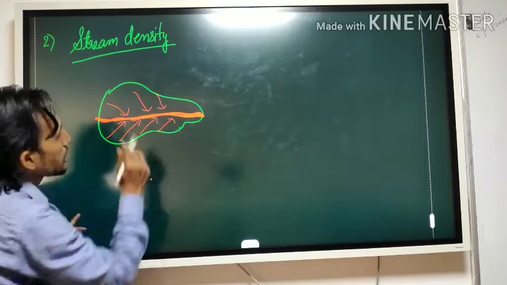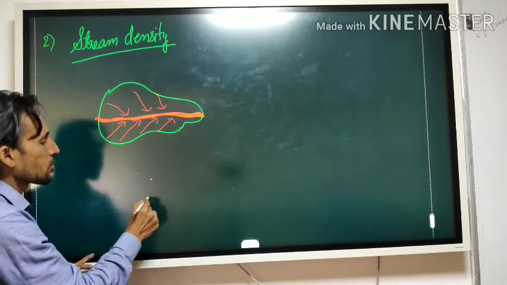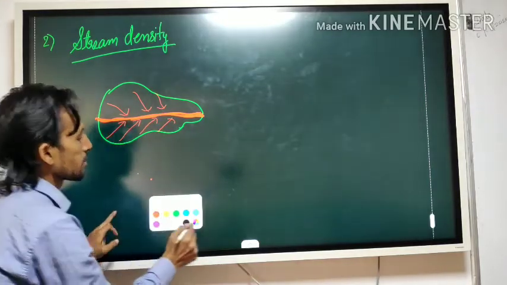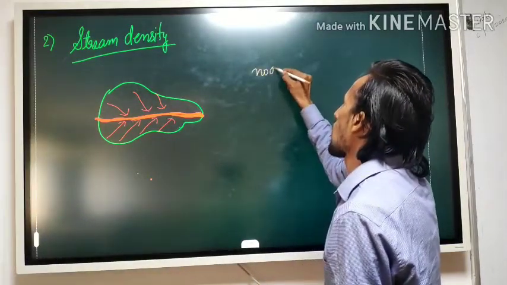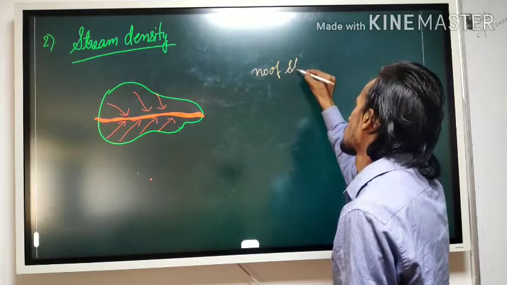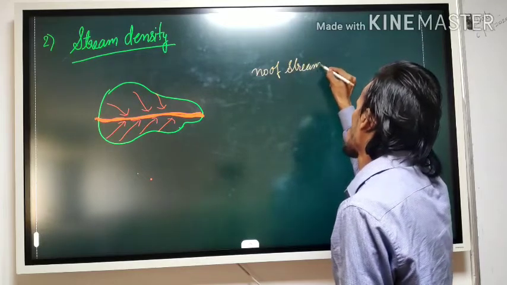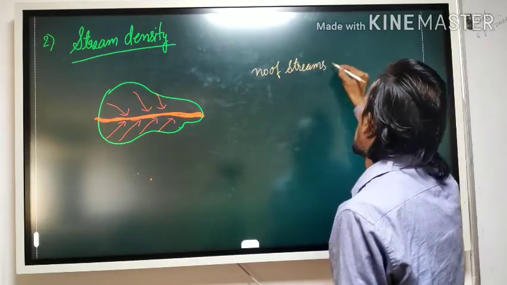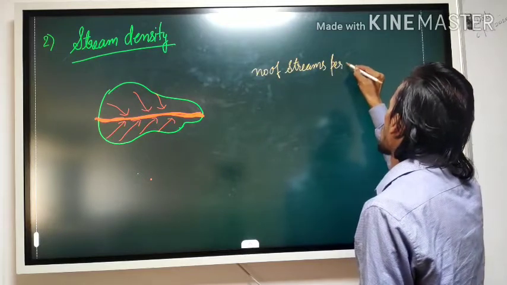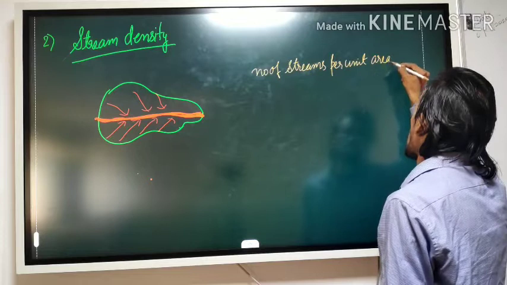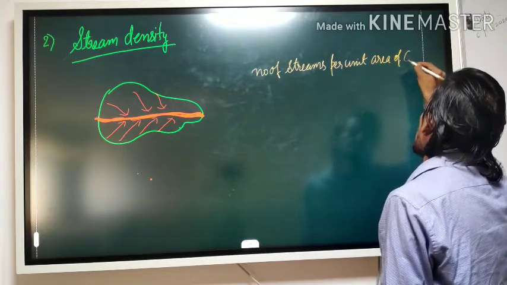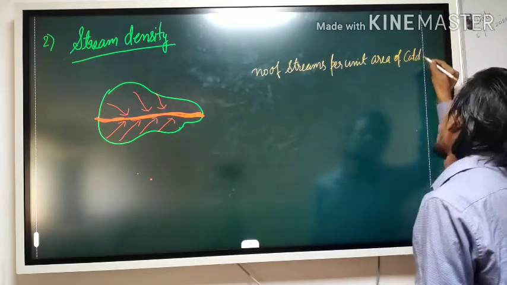So what is stream density? Stream density is the number of streams per unit area of catchment.